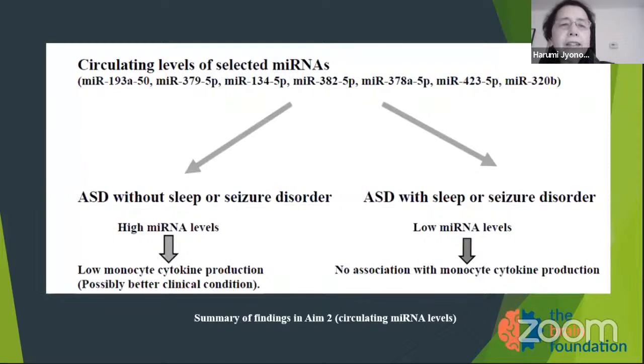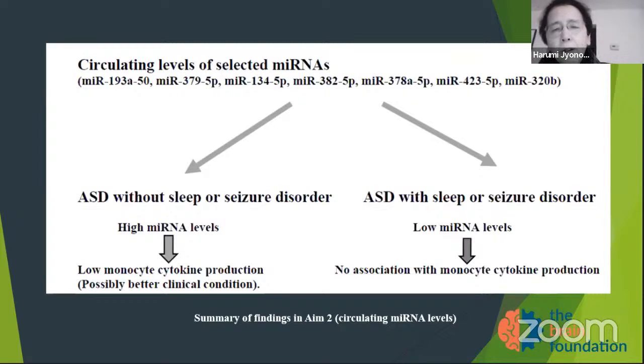So essentially, this is a summary of the results for the circulatory microRNAs, and the low circulatory microRNA shows no association with monocyte cytokine.